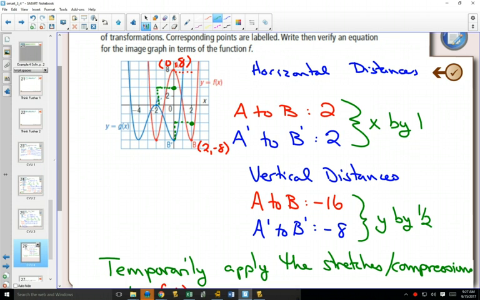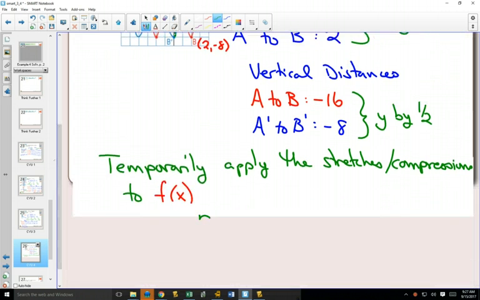If you think about the arrows that we've done, we always do stretches and compressions first, and then translations second. So when we figured out what our stretches and compressions were, we can now figure out what our translations are, and we can see from the graph that it's 2 to the left and 4 down.